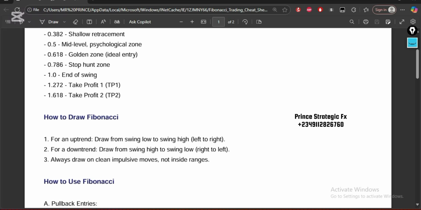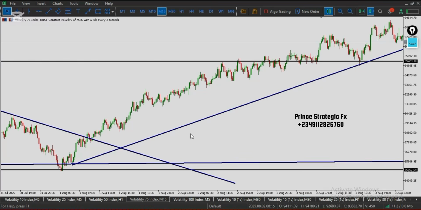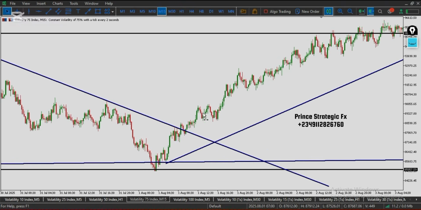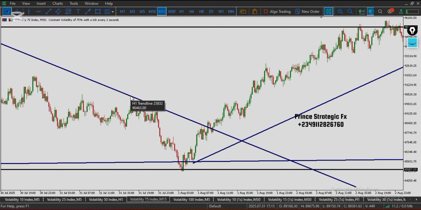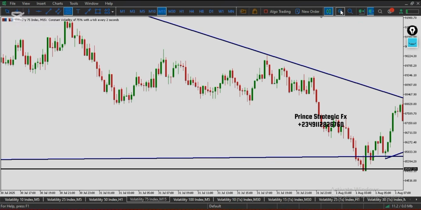So let's go back again to the chart. This is how I spot this entry. The first thing I did was I went to my Fibonacci. Let me make this a little bit bigger.